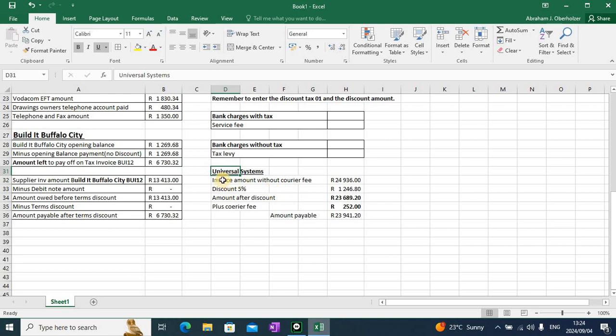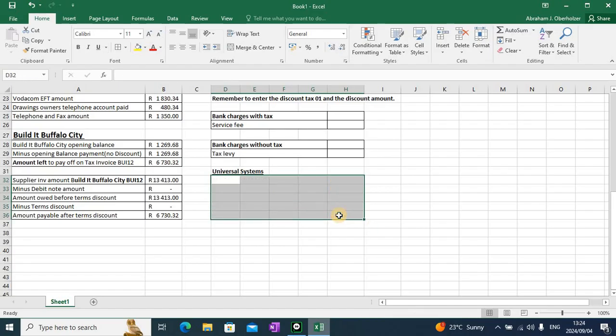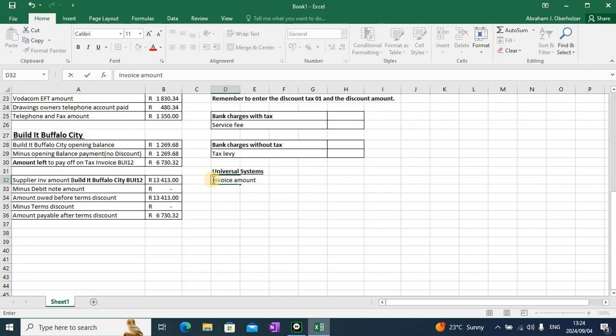Let's just go and redo these calculations quickly. The supplier tax invoice amount was 25,188.